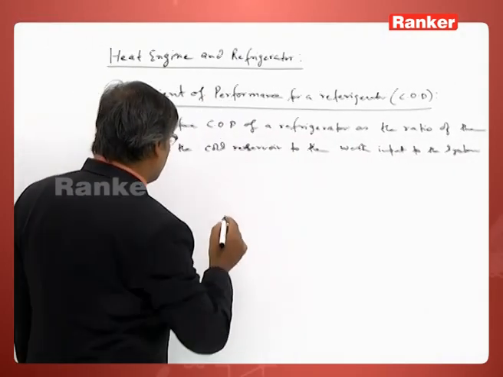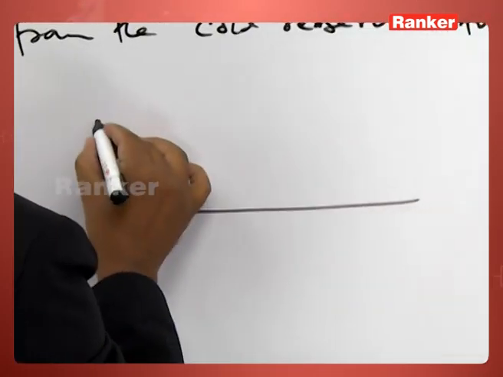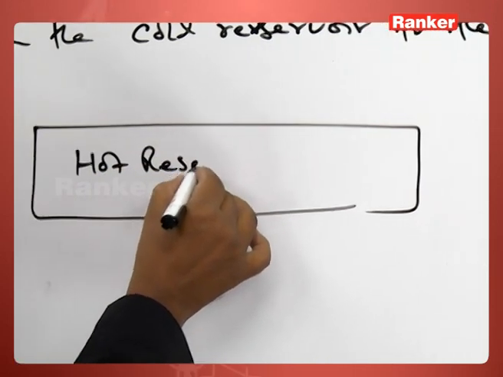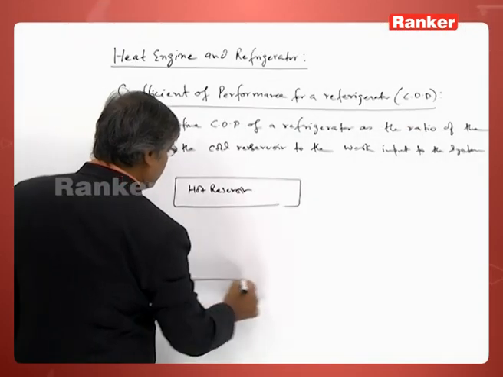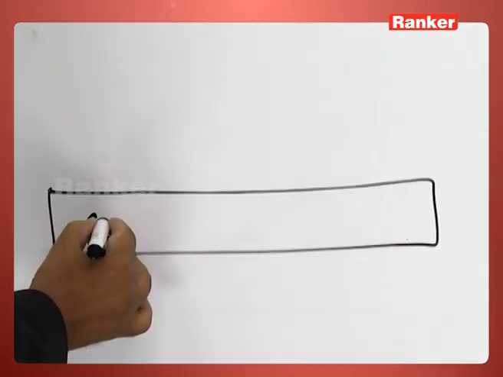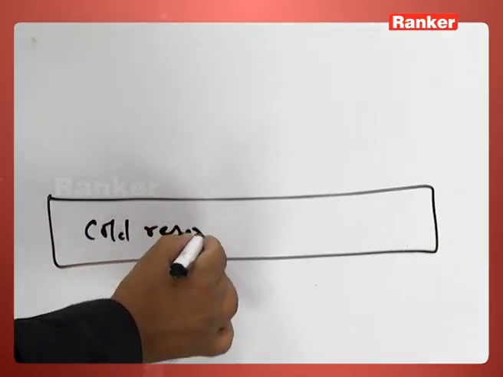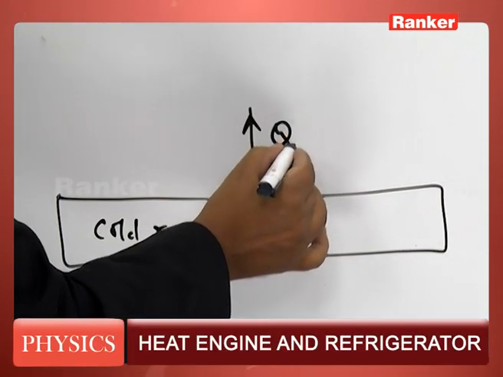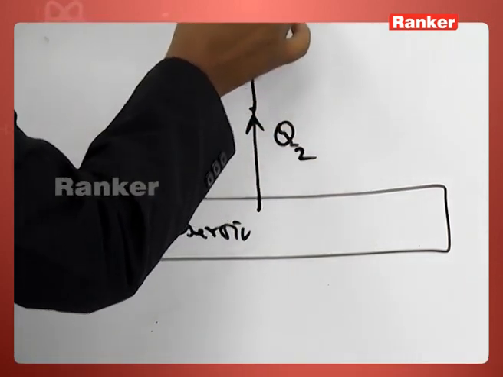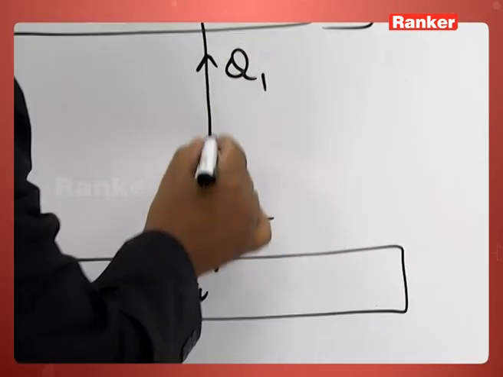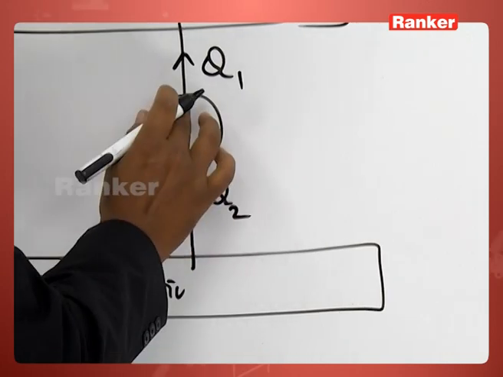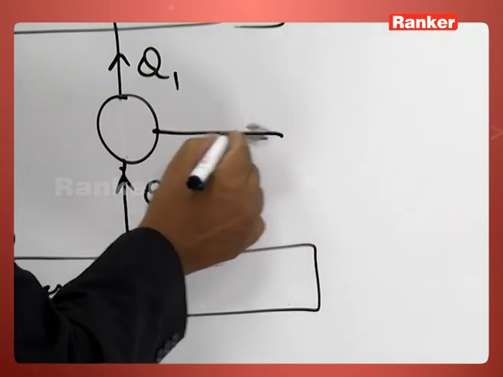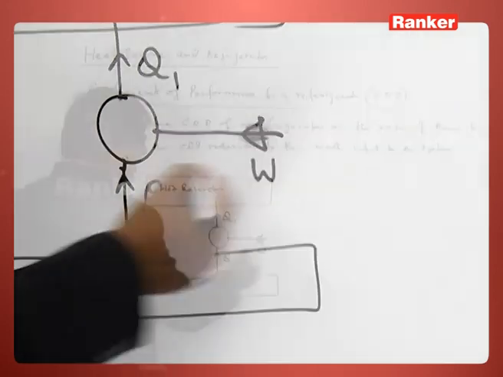So let us draw the schematic diagram of a refrigerator. This is a hot reservoir and this is a cold reservoir. So we have to extract heat Q2 from the cold reservoir and we have to give it to the hot reservoir, and for this we require an assistance from outside, that is the work.